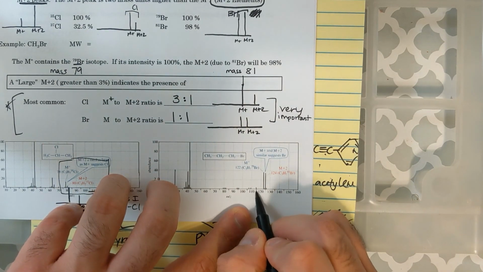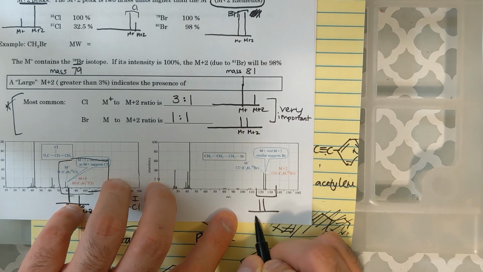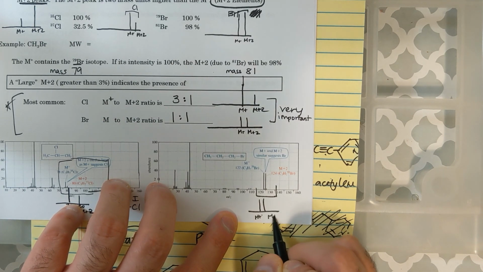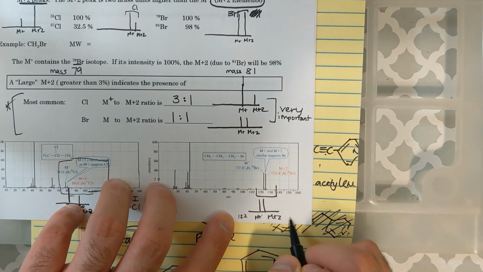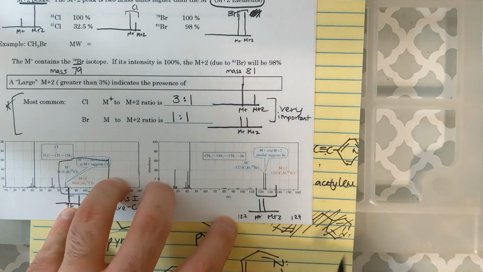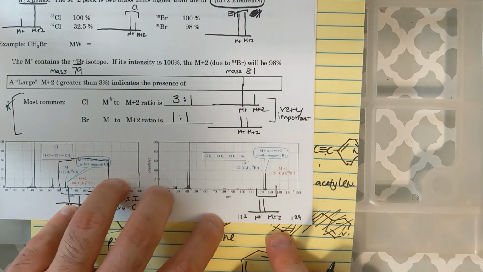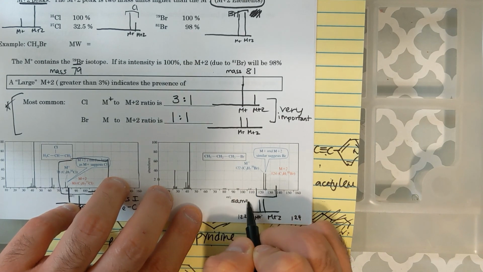For bromine, right here, the peak is 1-to-1, M plus and M plus 2 peak. The M plus peak is 122. M plus 2 is 124. M plus 2 means 2 plus my molecular ion. And they're about the same height. Same height.